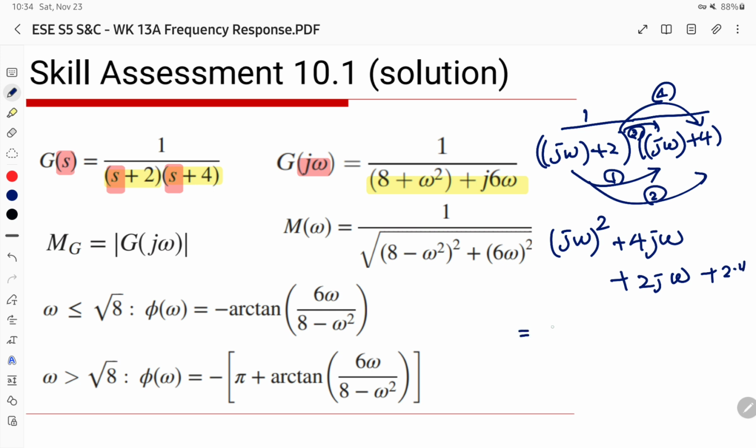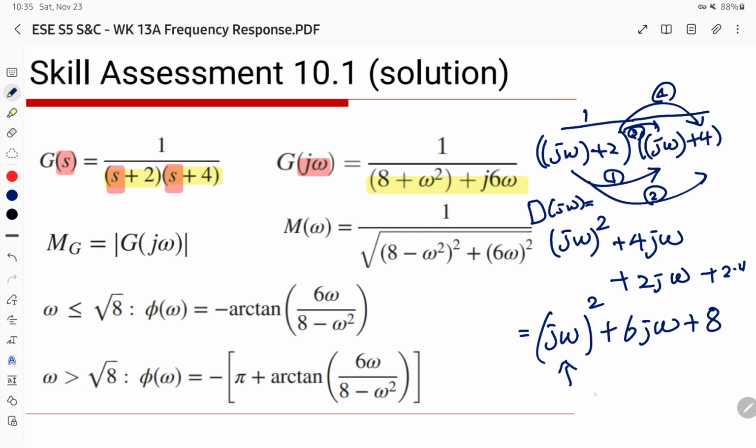So you end up with that as the denominator. I'll put the denominator in terms of j omega square plus 6j omega plus 8.